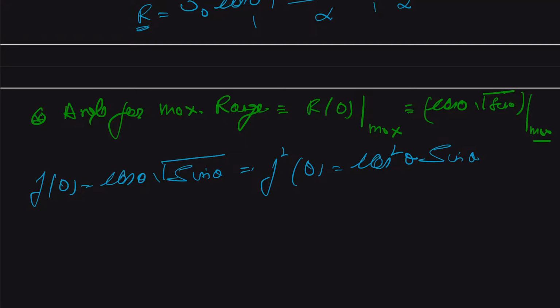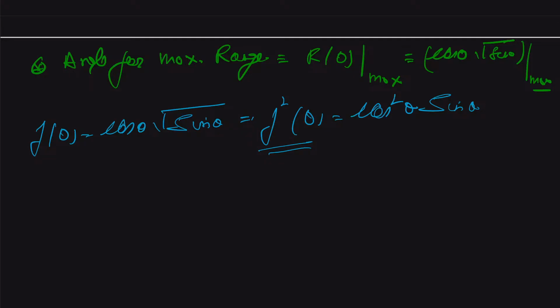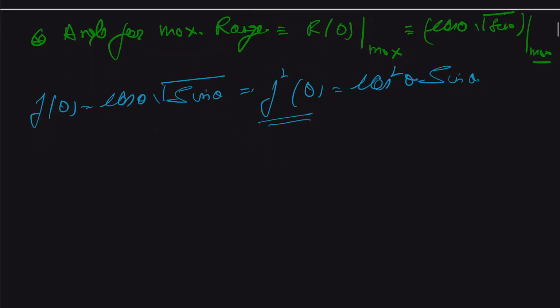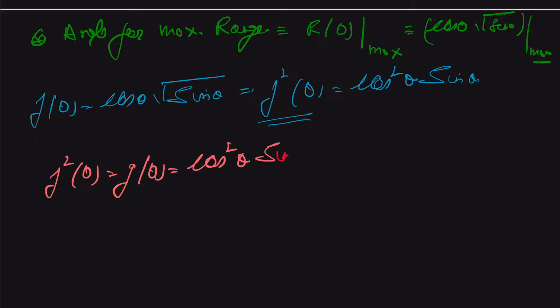Let us assume a second function, g of theta, which is equal to f square of theta. So we can write that f square of theta is equal to g of theta, and we have this as cos square theta and sine of theta.